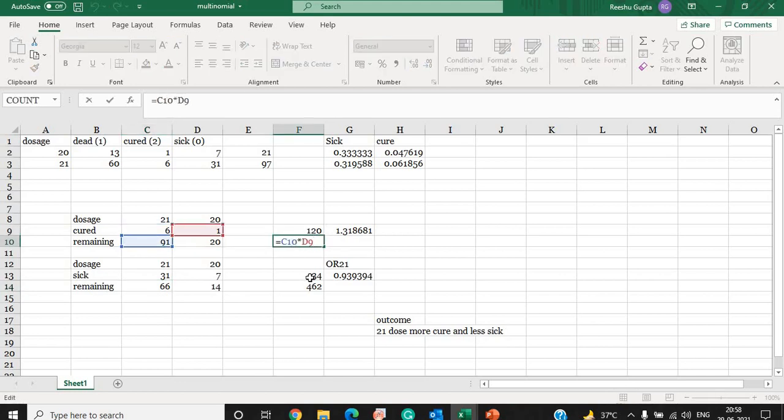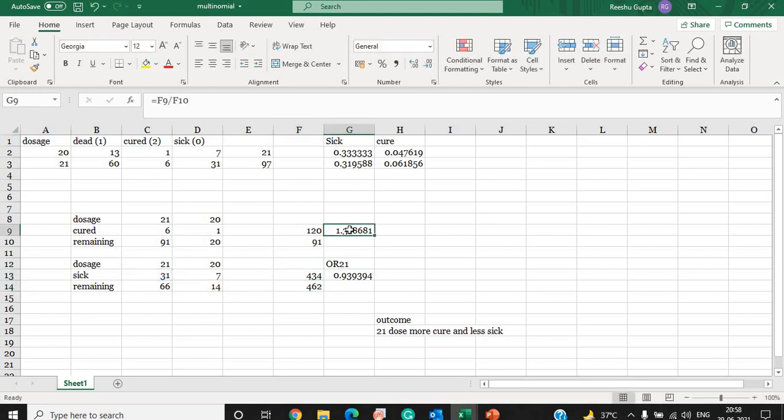Here you do the diagonal, here you do the diagonal, and then this is your odds ratio. We'll write here, this is your odds ratio, and the same thing you got.